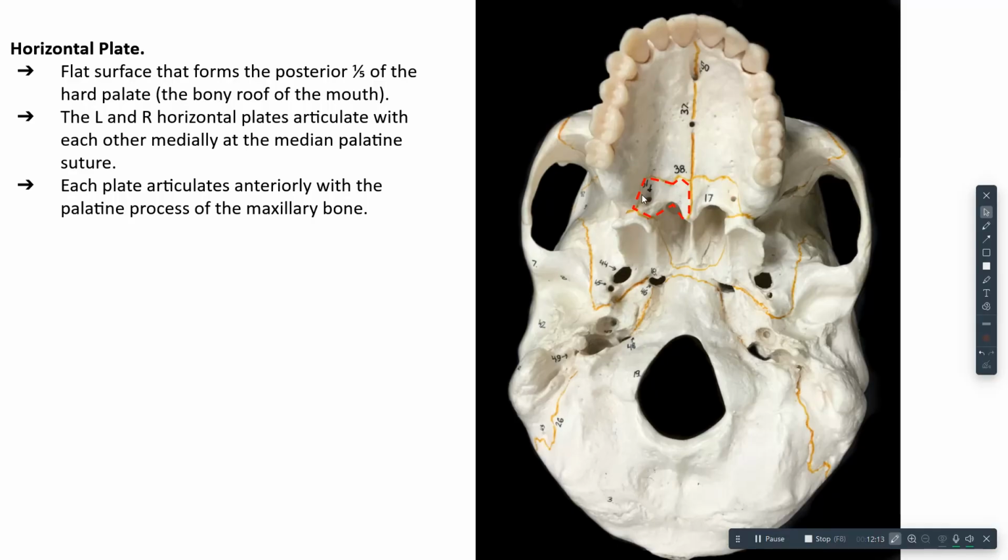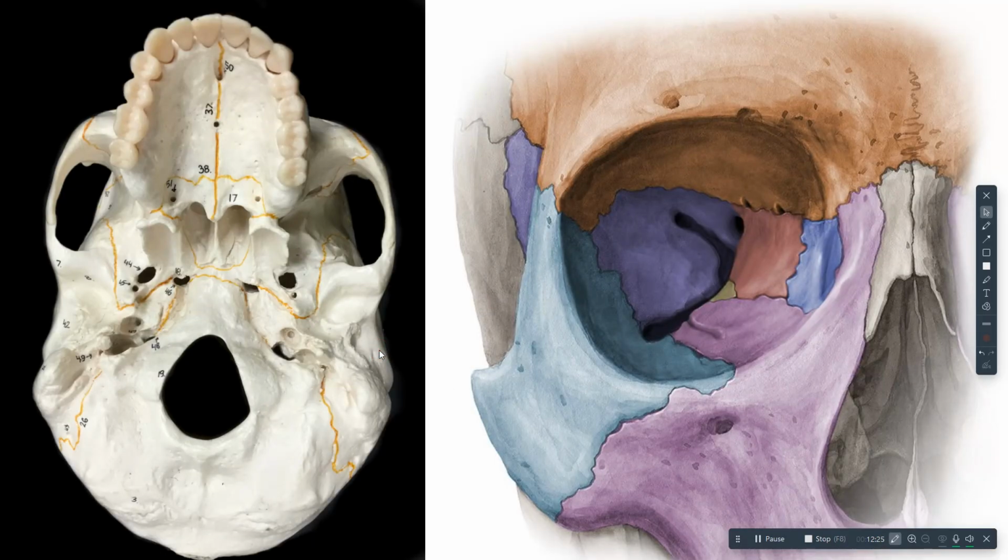We see one of them outlined in red. And of course, recall that we got that median palatine suture running down the middle. All right, perfect. So we see our palatine bones in all their glory here, maxillary bones as well.